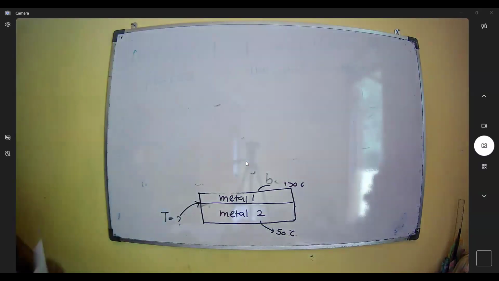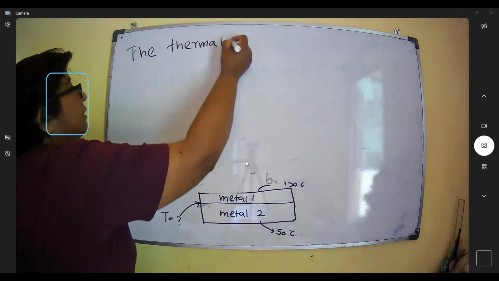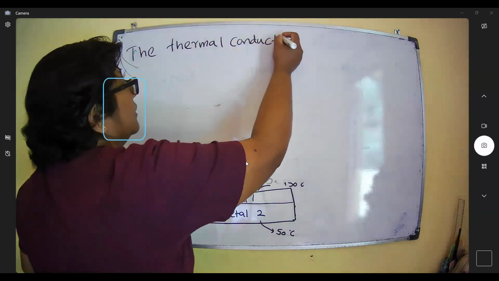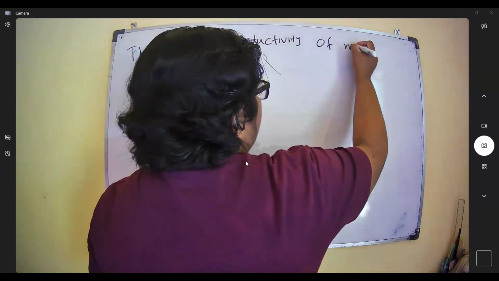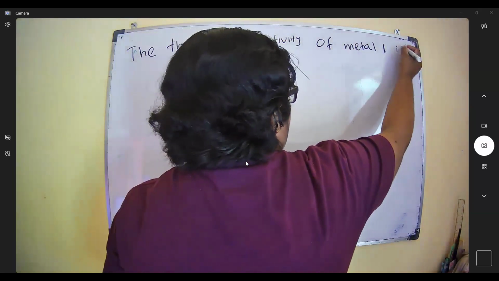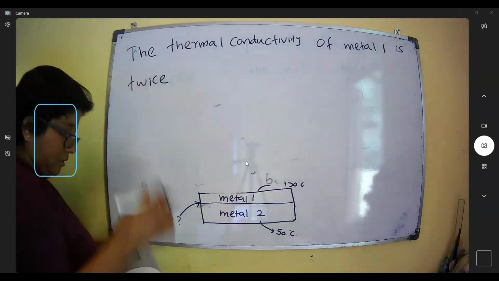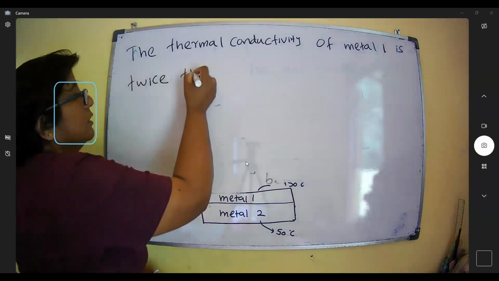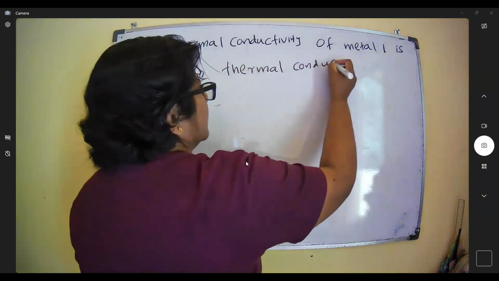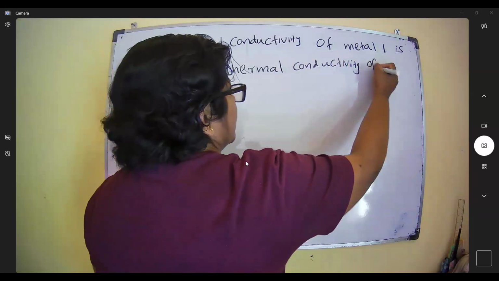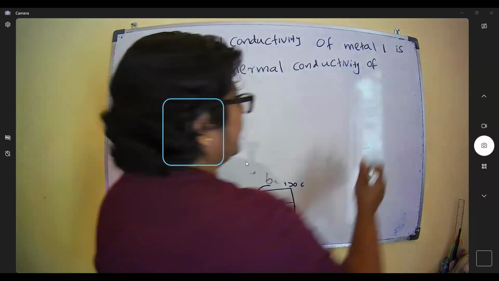The thermal conductivity of metal 1 is twice the thermal conductivity of metal 2.